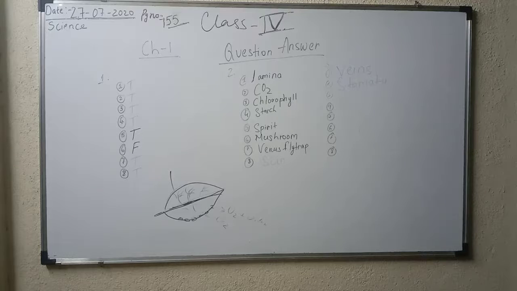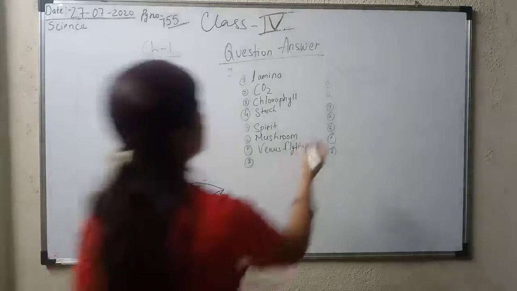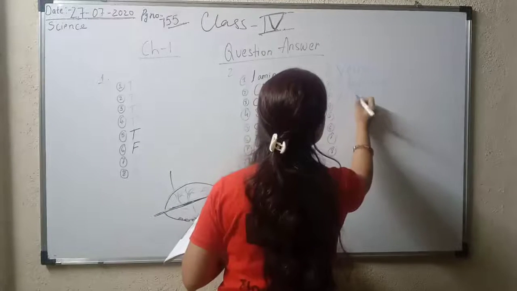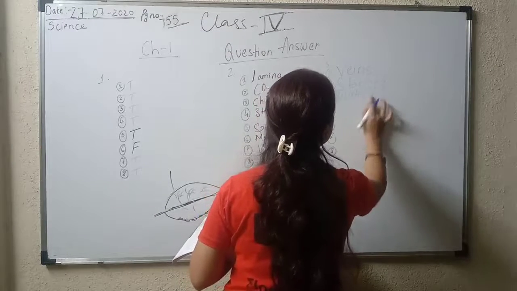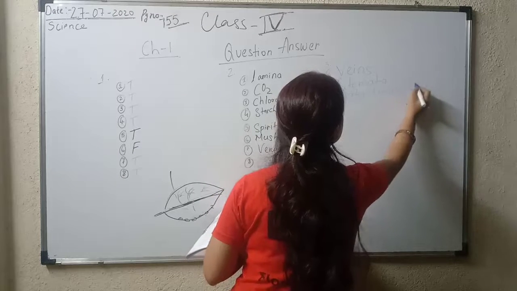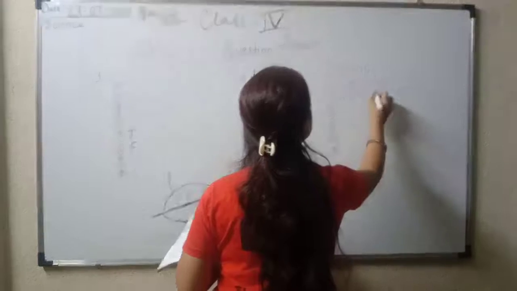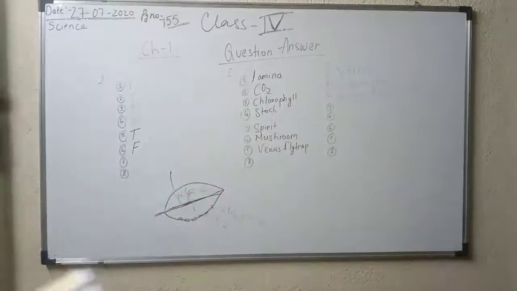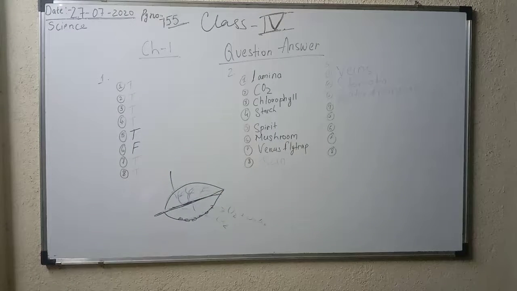Okay. Now the third: the root absorbs dash and dash from the soil. It absorbs water and minerals from the soil. Now the fourth one: leaves have green pigment called chlorophyll.